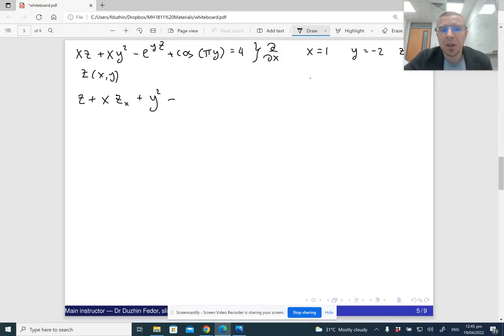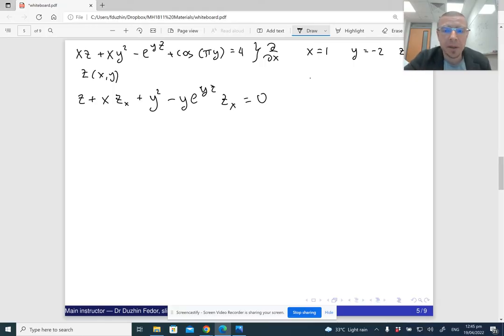We can do it by the chain rule. So this is going to be the exponential function e to the yz times the derivative of yz, which is y times the derivative of z with respect to x, plus cosine of pi y. Cosine of pi y does not depend on x, and the derivative of 4 with respect to x is just 0.